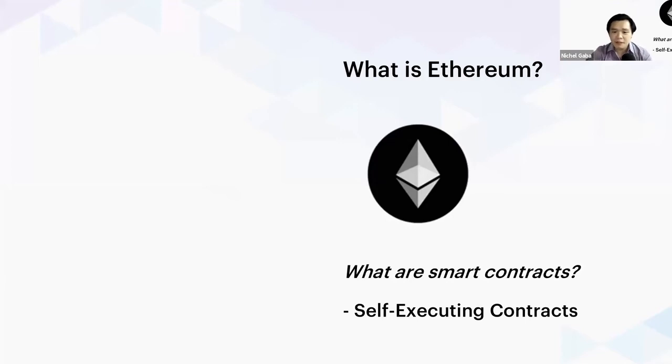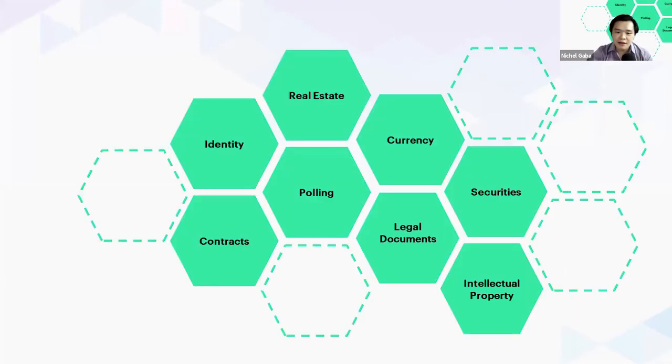Now, I'll talk a bit more about this. There are a lot of applications of the technology outside of finance, right? Like in real estate, identity. Eventually, if we have identity on the blockchain or on DLT, there's a lot of services that we can unlock, right?